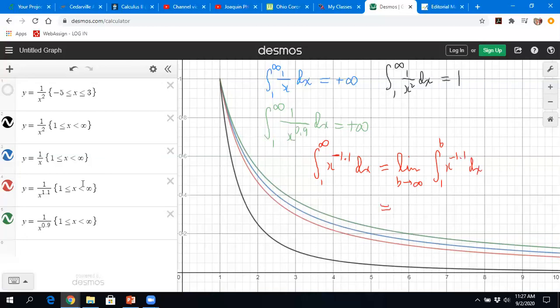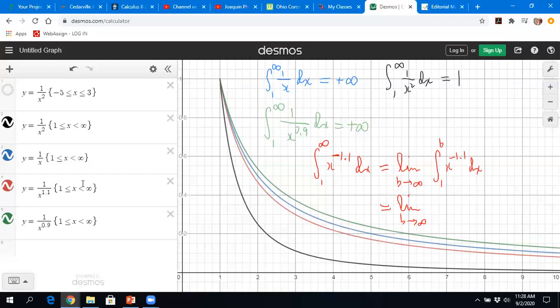Okay. And now what do you think? What is the antiderivative? Okay, so help me out here. Limit as b goes to infinity. What is the antiderivative of x to the negative 1.1? x to the negative 0.1 divided by negative 0.1.